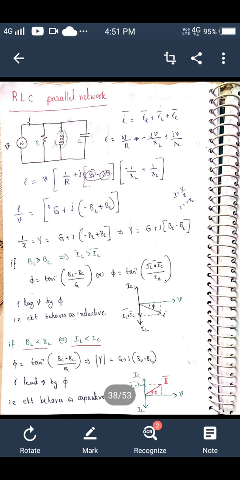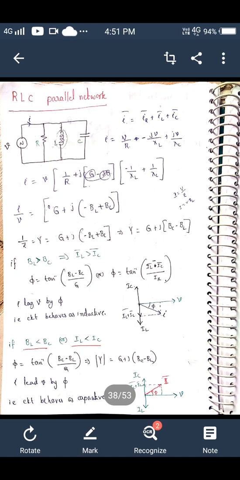Current flowing in the inductor is more, so we can say the nature of the network is inductive. If you want, you can draw the vector diagram. Supply voltage V, IR is always in phase with V, IL always lags V so it points downward, and IC always points above. The resultant we assumed here as BL is more than BC.